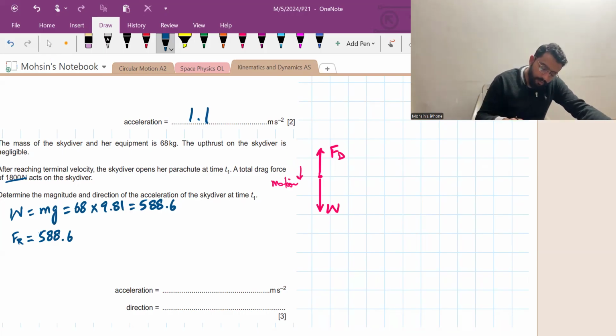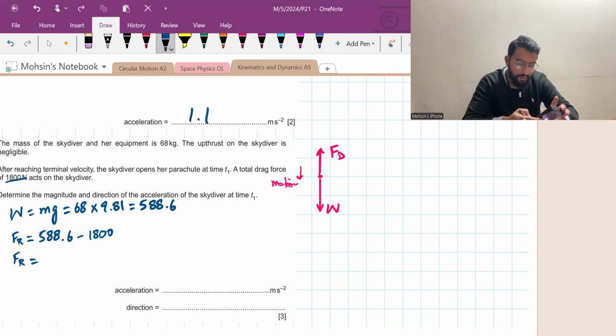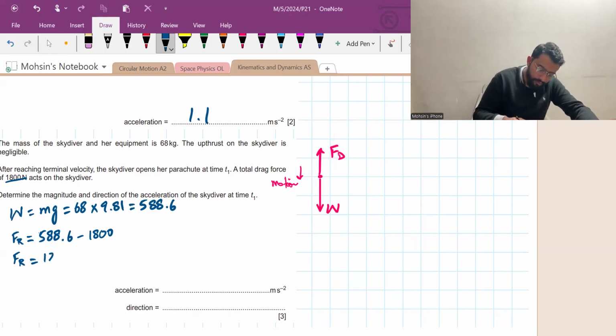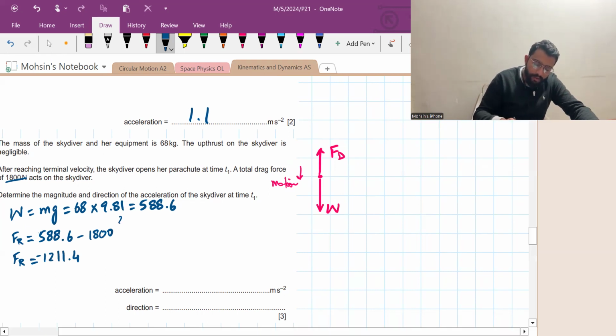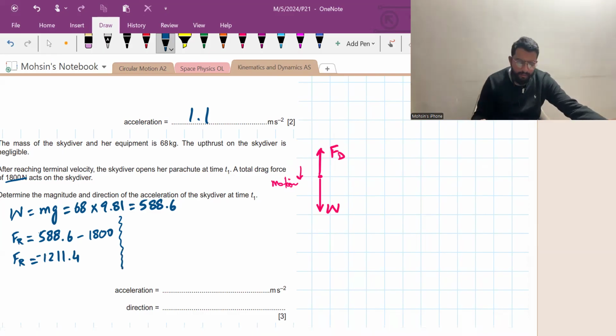So 588.6 minus 1800, what I will get here will be minus 1211.4. What the negative sign is telling me is that 1800 is greater than 588, so the resultant force is acting in the upward direction. If the resultant force is acting upward, obviously the acceleration will also be in the upward direction.